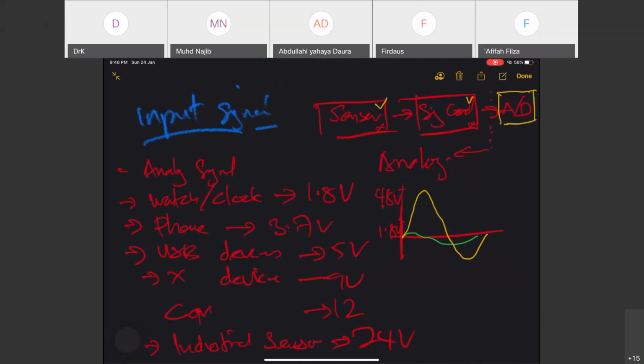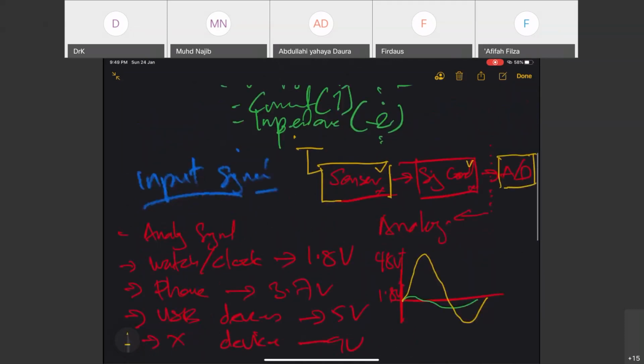Sorry, sensors, they come in many operating voltage starting from 1.8 volt until 48 volt. Okay, signal conditioner also the same, they come in from 1.8 volt to 48 volt.